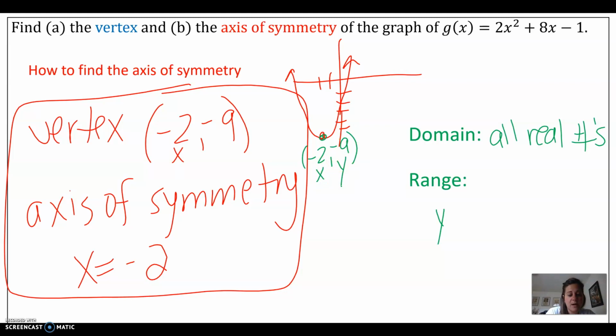The lowest y value is a -9. And you can't go lower than -9, but you can go higher than -9 because your graph is opening up. So your range is y is greater than or equal to -9. Okay, like I said, your graph is opening up, so it's encompassing all of these positive y values.